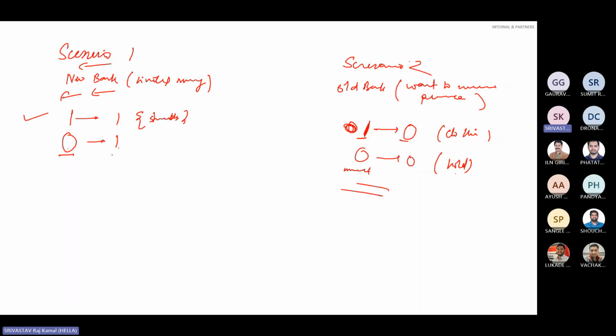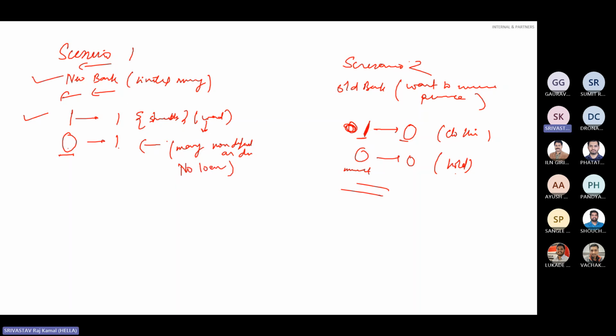This scenario is totally reverse, right? Here we want to hold on to this. While doing so, we are okay with predicting a non-defaulter as a defaulter and not giving a loan to them. No loan. The new bank is okay with that.